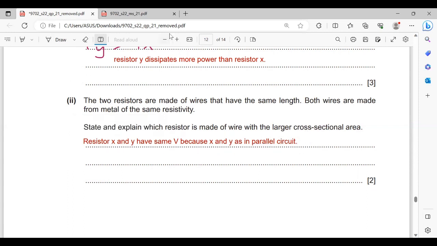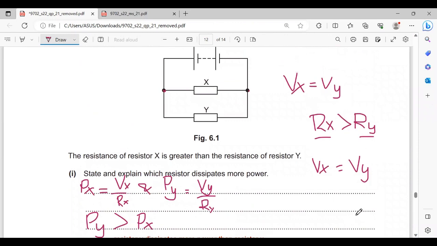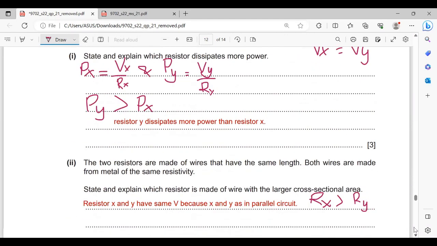So like my previous explanation, Rx is greater than Ry.